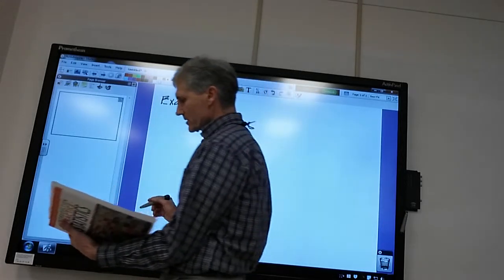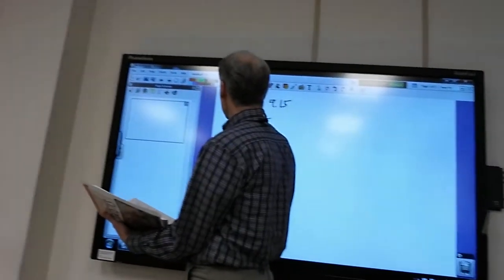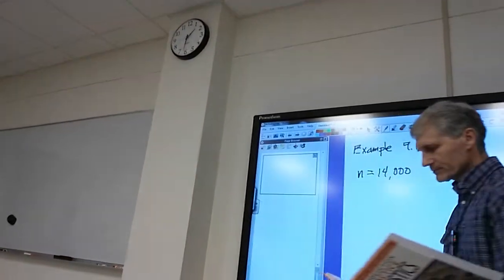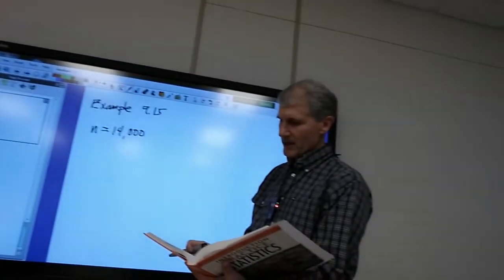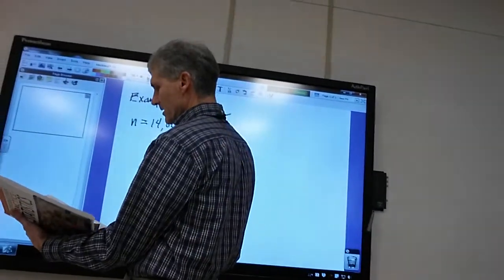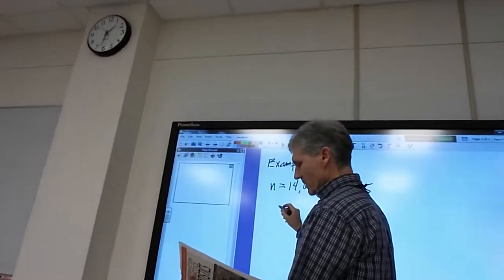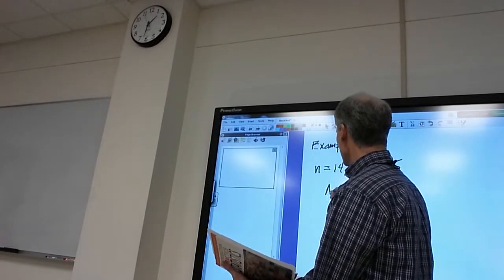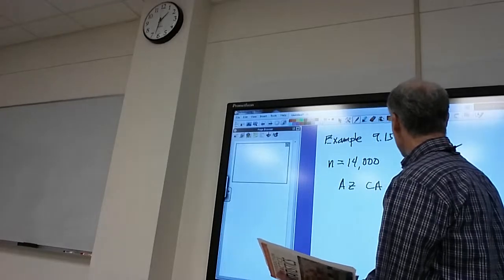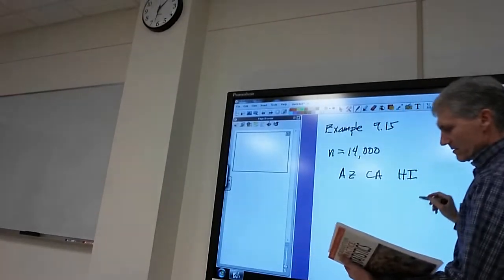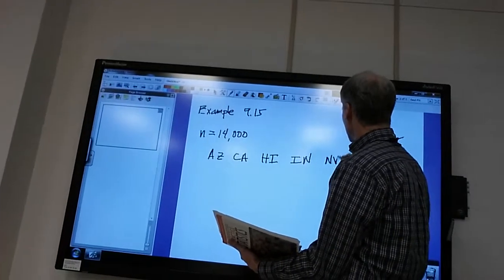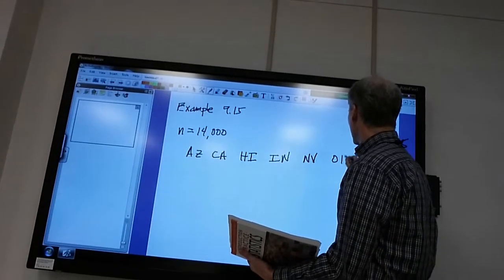They had 14,000 participants in this study, and they come from 6 states: Arizona, California, Hawaii, Indiana, Nevada, and Ohio. So they have this contingency table: Arizona, California, Hawaii, Indiana, Nevada, and Ohio.